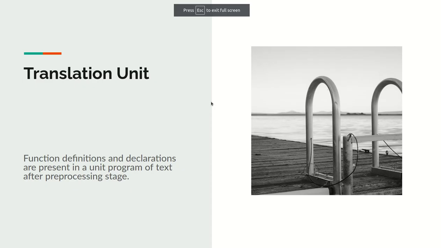Yeah, this translation unit is the one point we are going to take away from here. Final point: function definitions and declarations are present in a unit of program text after the pre-processing stage. That's what the translation unit is.